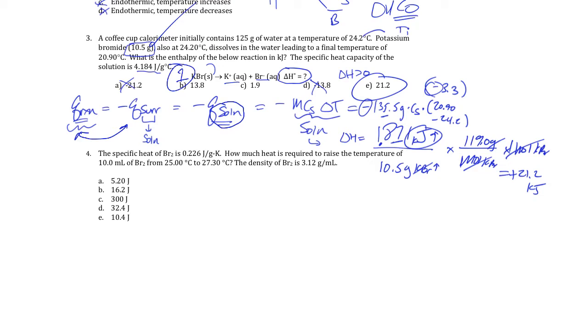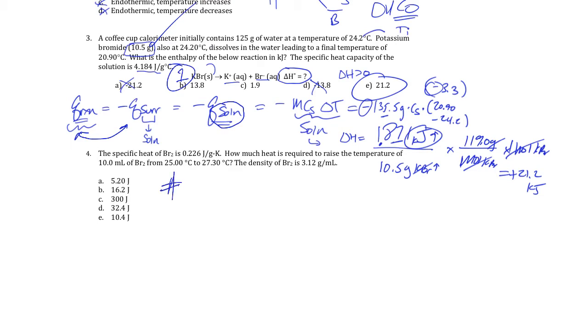Okay, number 4, we're given the specific heat of bromine is 0.226 joules per gram Kelvin. How much heat is required to raise the temperature of 10 milliliters of bromine from 25 to 27.3 degrees C? We're given the density of bromine is 3.12 grams per milliliter.